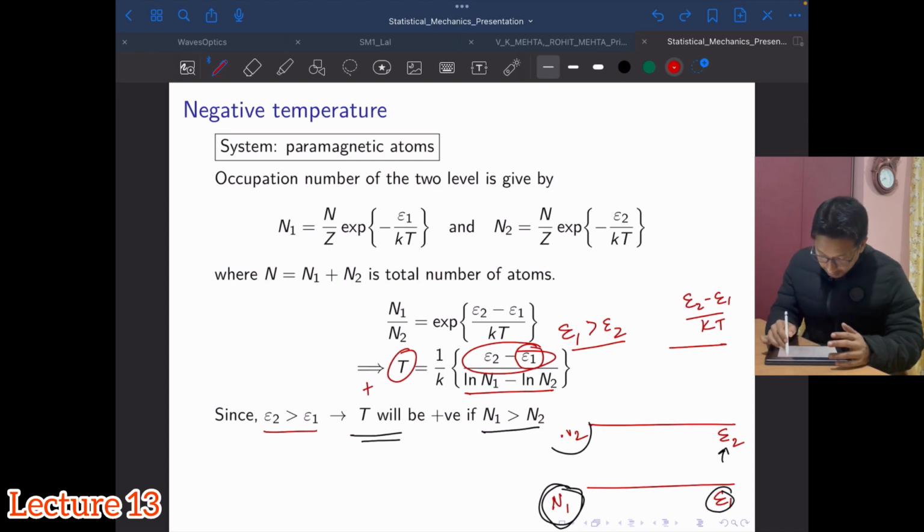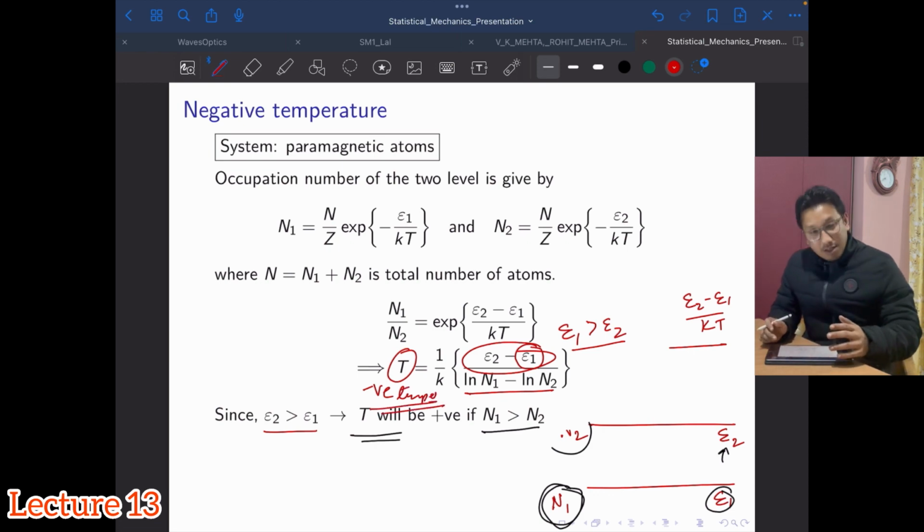Sorry, yes, a negative temperature state, isn't it? So on switching this field, we have got a condition where the higher energy state has more atoms compared to the lower energy state, which is called population inversion. As a result, what we have got is negative temperature, from the temperature expression.